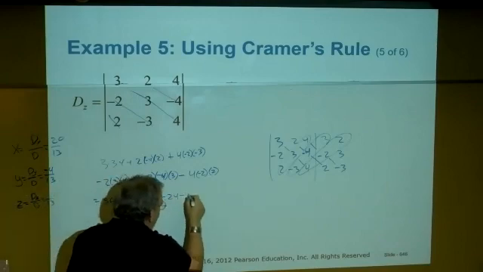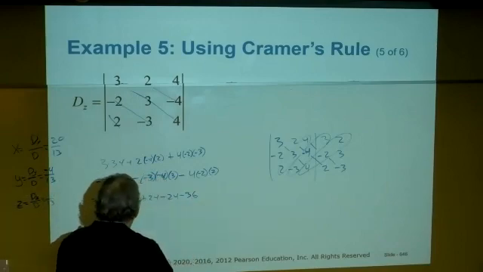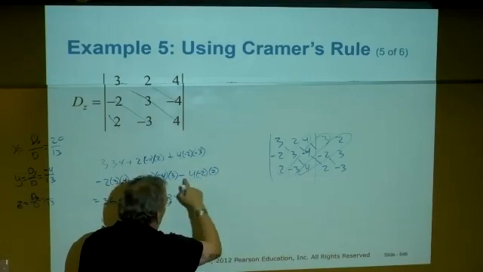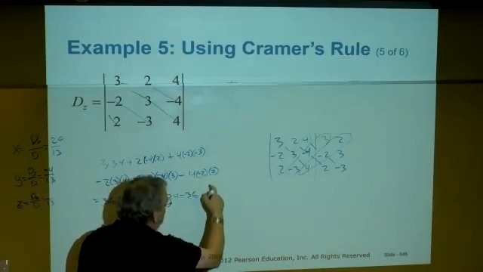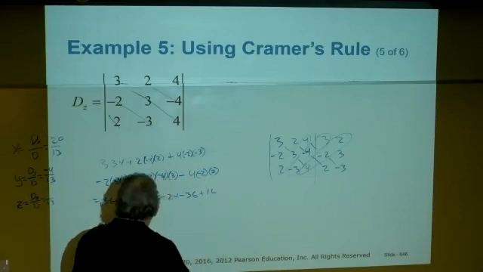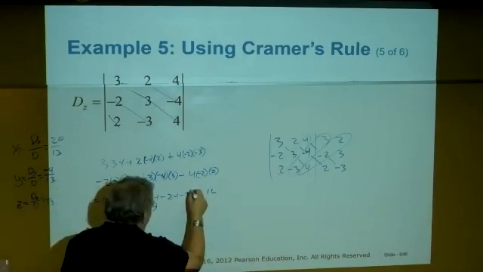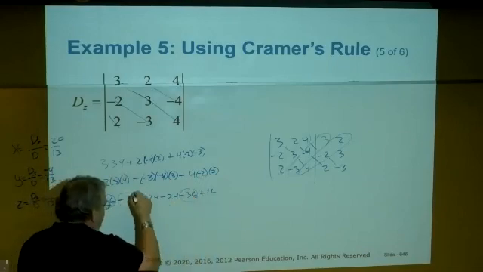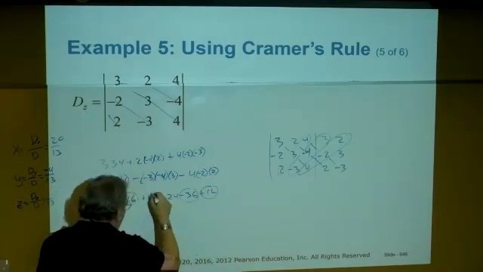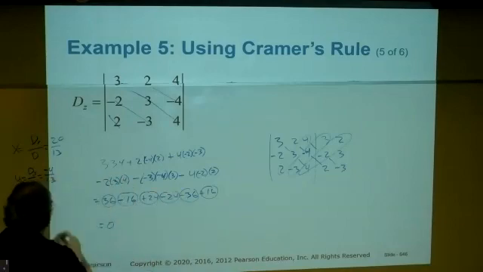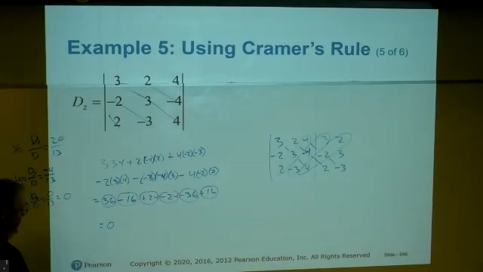So I'm subtracting 36. And a -4 times a -2 times 2 is a +16. Here I have a +36 and a -36. Here I have a -16 and a +16. And here I have +24 and -24. So it is just 0. And 13 does divide 0 to a nice integer number.